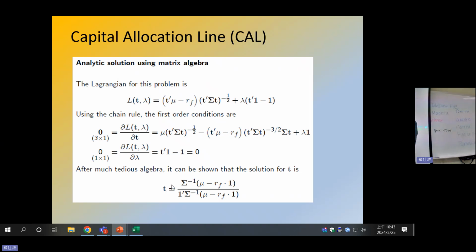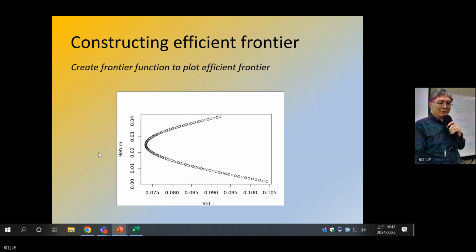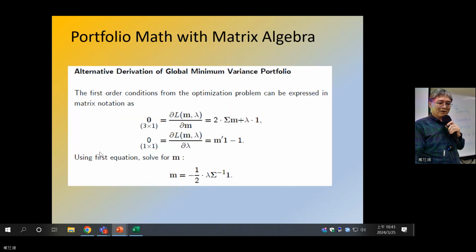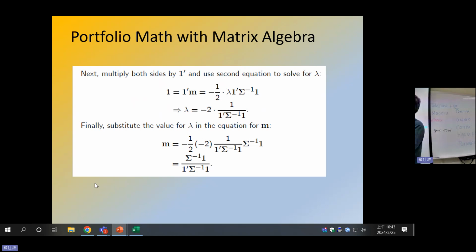So this should be T star. T star equals this formula, but you can see very clearly it's quite similar to the GMVP formula. Remember? Let's go back to the GMVP here. This is the formula for GMVP. We have sigma inverse times 1, over 1 transpose times sigma inverse times 1.